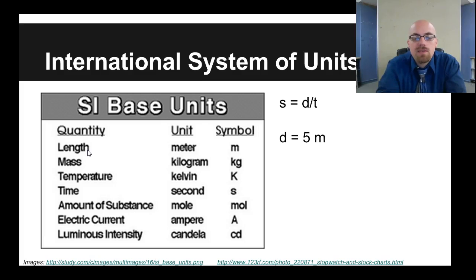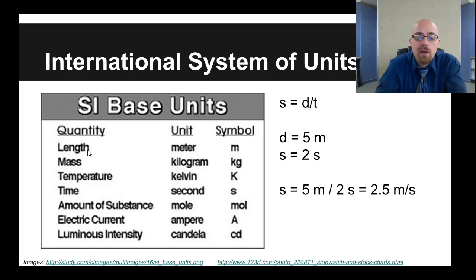Let's say an object travels 5 meters, and the time is measured in seconds, so let's say it takes 2 seconds to do that. Plugging that into our equation, the speed is 5 meters over 2 seconds. So we would say it's traveling at an average speed or velocity of 2.5 meters per second.